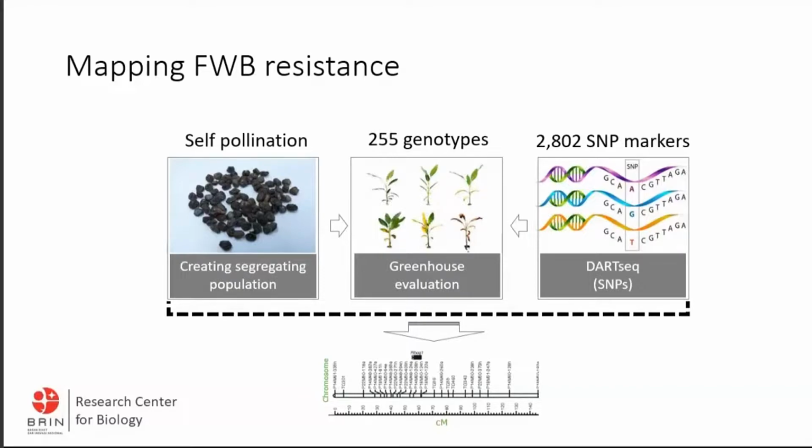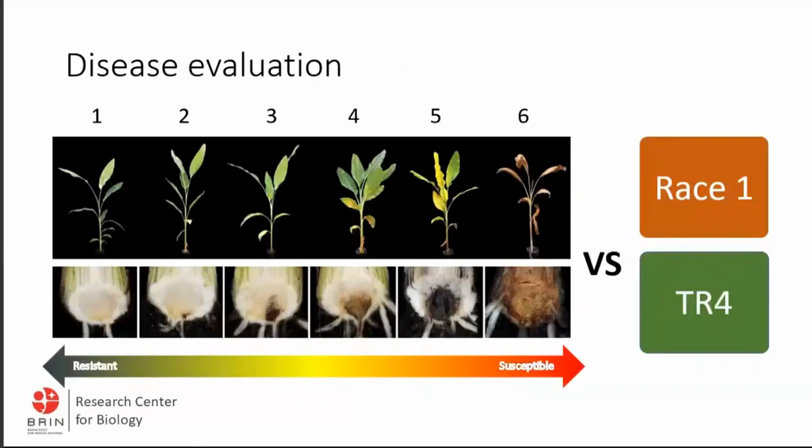From this selected marker set and the phenotyping data from the bioassay, we developed the linkage map. In this work, we mapped two races of Fusarium wilt, race 1 and tropical race 4, the two most important races for banana cultivation.